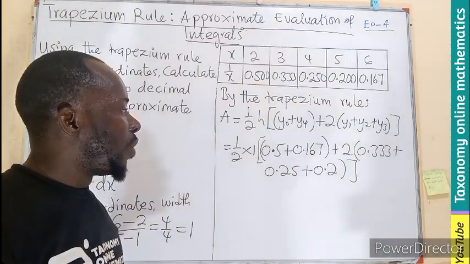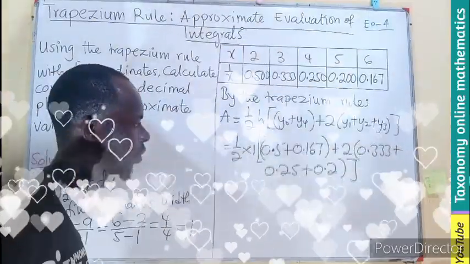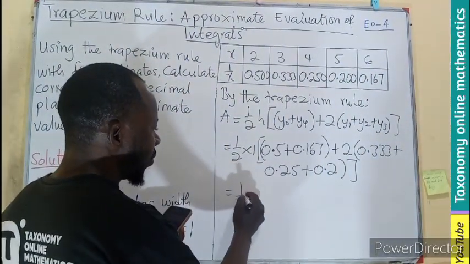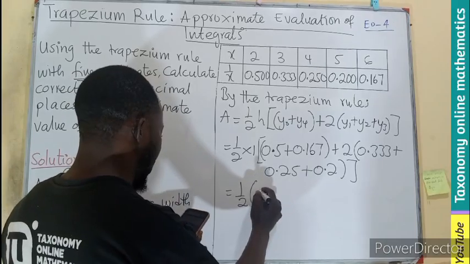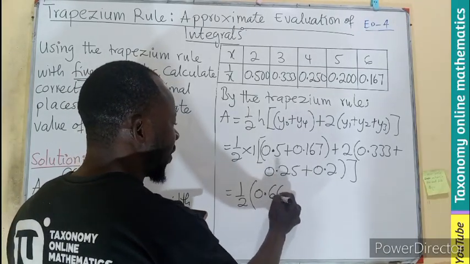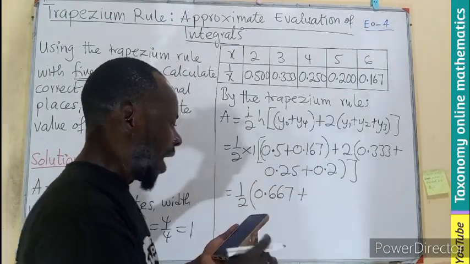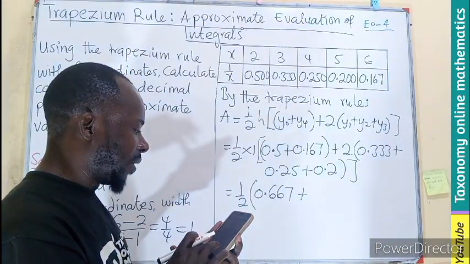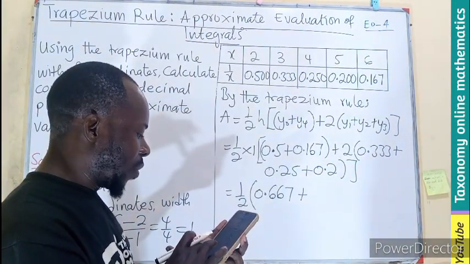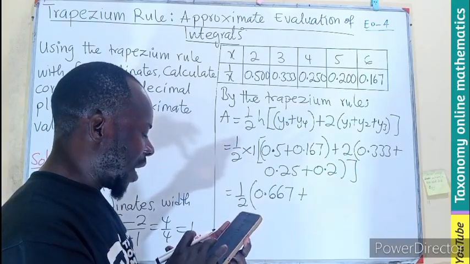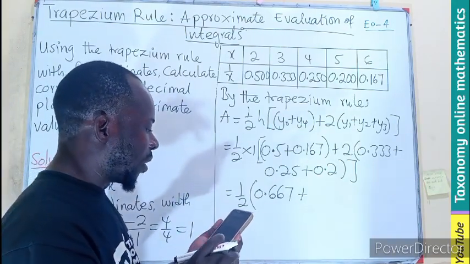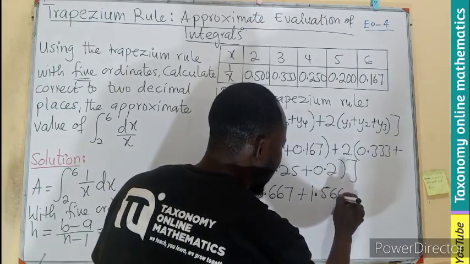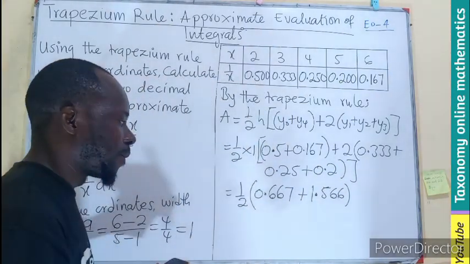So let's see how we can do that on the calculator. The first addition gives us 0.667, plus, let's put 2 into a bracket, 0.333 plus 0.25 plus 0.2, close the bracket, and you have 1.56 in there.